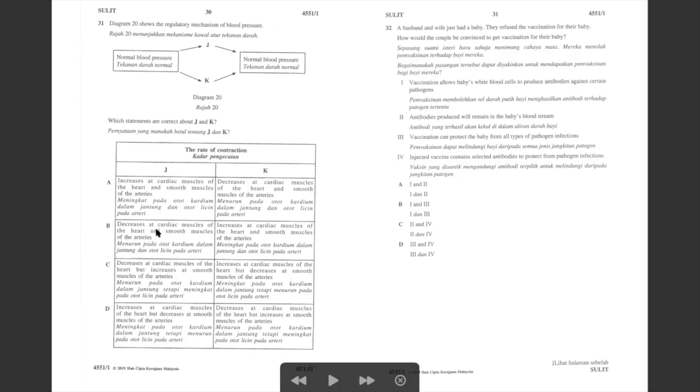So bila benda ni terjadi, dia akan mengurangkan kita punya blood pressure and it become normal. Tapi kalau blood pressure kita low, dia akan increase the cardiac muscle dan juga smooth muscle in the artery. So this will increase the blood pressure to normal level. Okay, ingat.